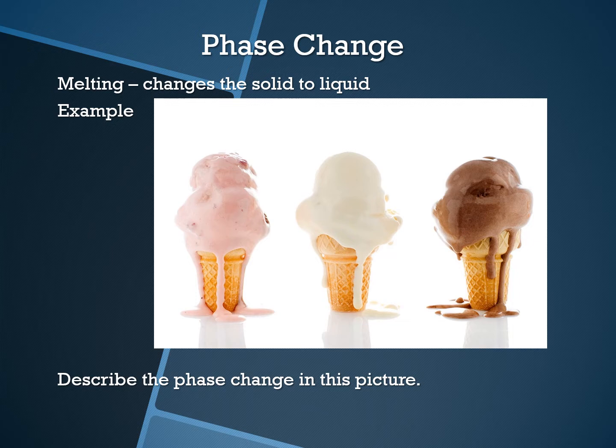The second term you have to learn is the melting that changes the solid to liquid. It's the opposite of freezing, just as I mentioned a while ago. So we have here a picture example of changes of solid to liquid, like the ice cream. It melts. Okay, so why did it happen?